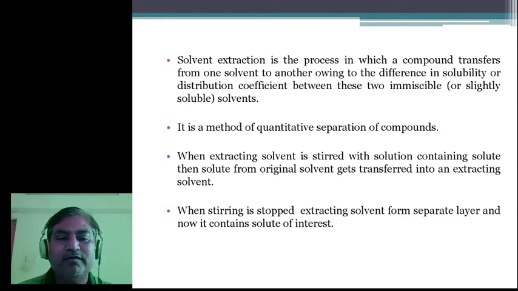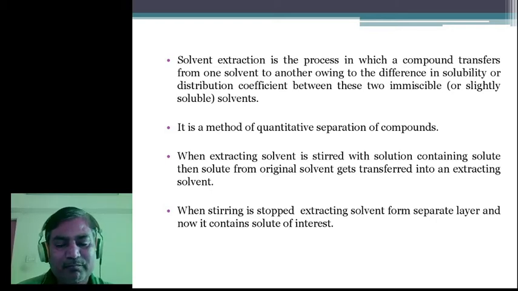Whenever the compound or mixture comes in contact with two liquids which are immiscible with each other, then this compound or mixture has a tendency to transfer, to dissolve in the two liquids in a separate manner.